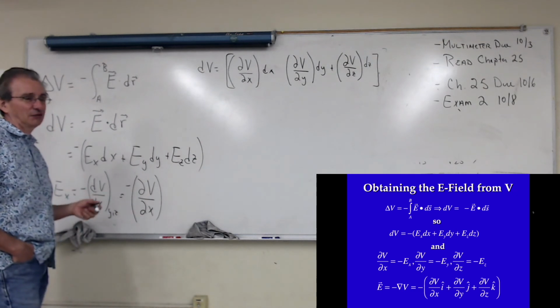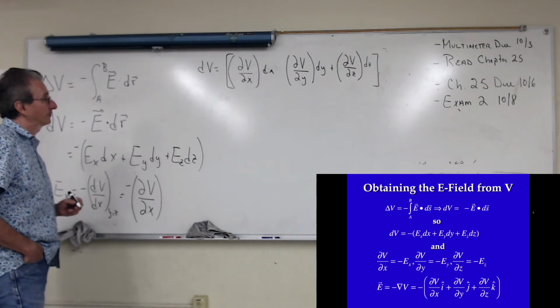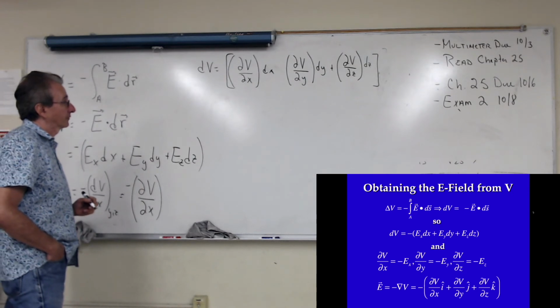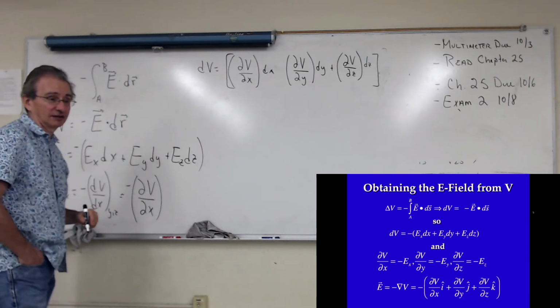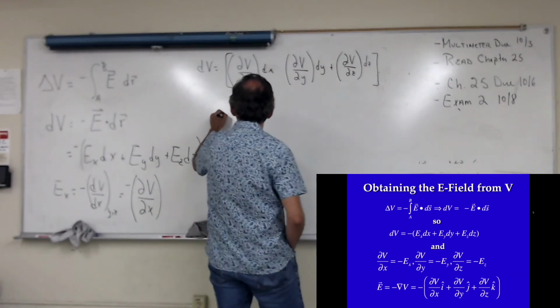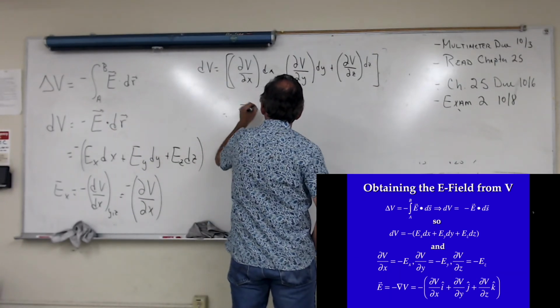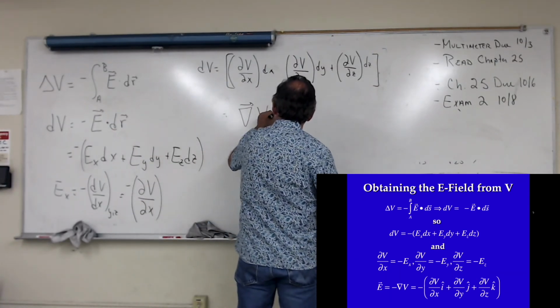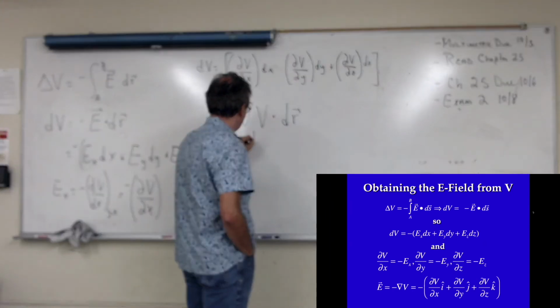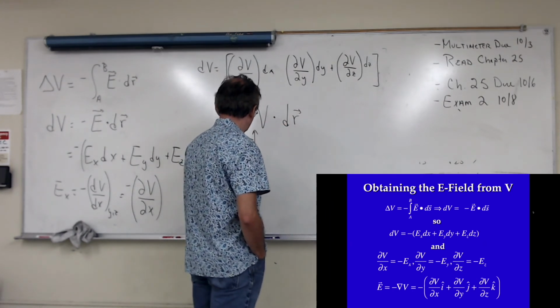That's how you write dV. And you can write it as a dot product. You can write it like this. That's called a gradient.